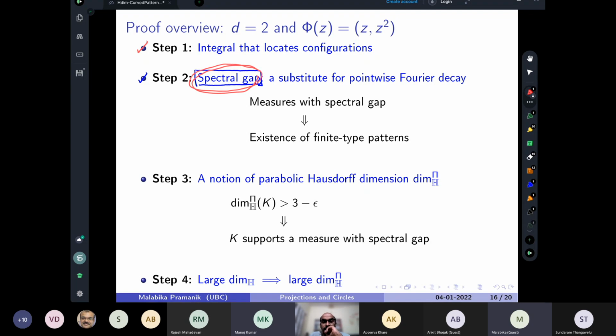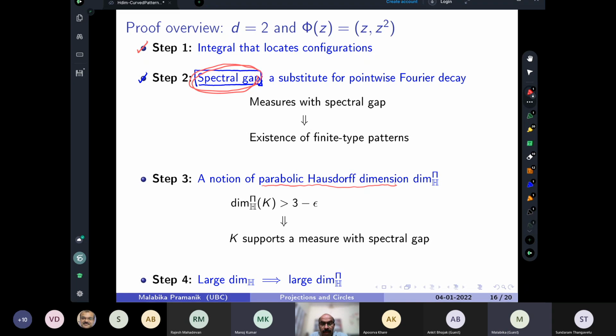Something that doesn't automatically extend to our setting is this notion of parabolic Hausdorff dimension. Kuca, Orponen and Sahlsten brought this into play because they were looking at the pattern ZZ square, and they had to craft their notion of dimension in a very special way so that it fit the kind of patterns they were trying to identify.